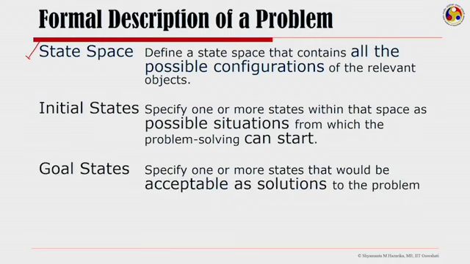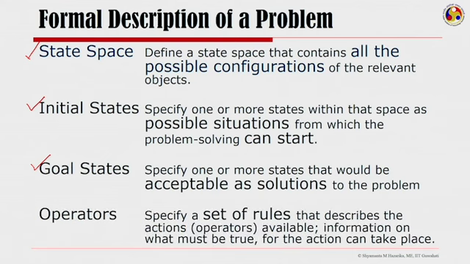Thereafter, we have the goal state. The goal state specifies one or more states that would be acceptable as solutions to the problem. And of course, this is about only the different configurations of states. Together with it, we would need a set of rules that describes how we are going to move from one state to the other state. So these are called operators.